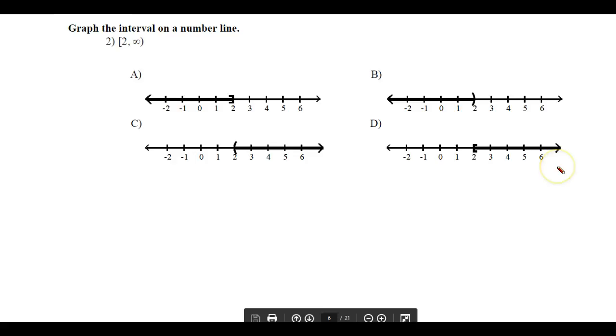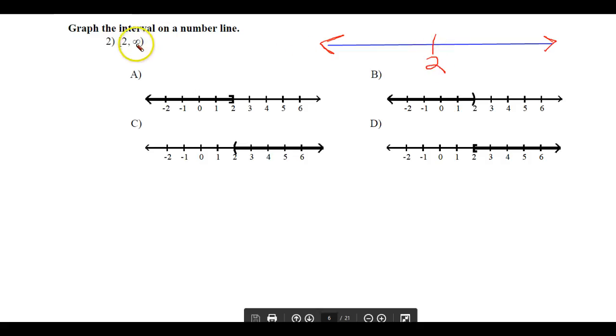In this example, they're just asking you to convert from interval notation to the graph. So if you were to make a graph and do this one yourself, which is what I suggest you do, here's your number line. The number you're interested in is 2.